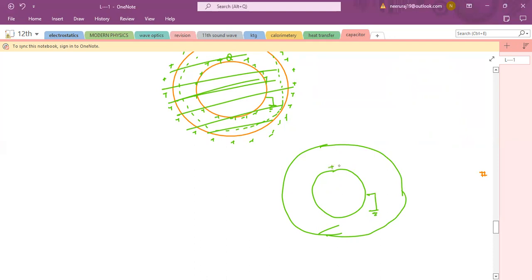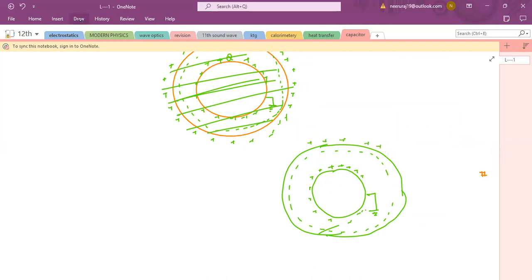We want to put some charge. So on this plate, suppose you have put plus Q charge, and the outer plate is actually neutral. So now minus charge will come here. As the outer plate is neutral and not connected to anything, some plus Q charge will come on the outer surface.